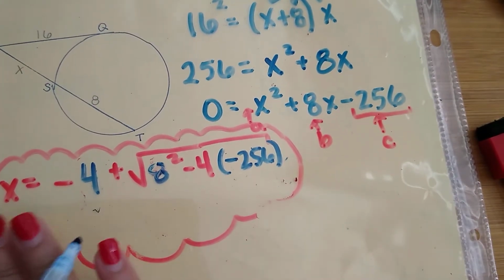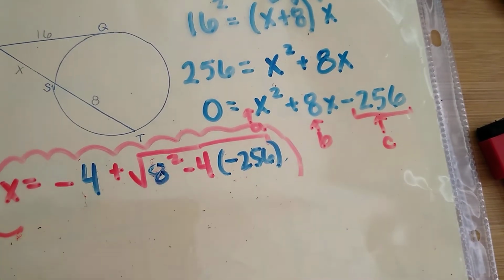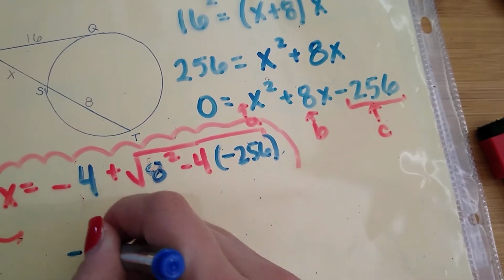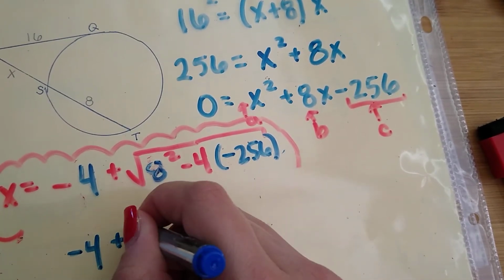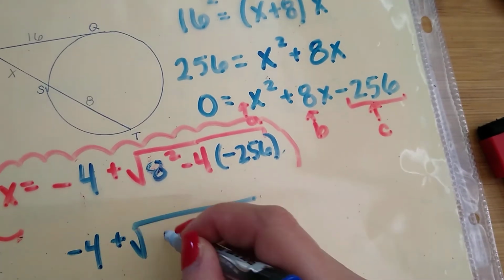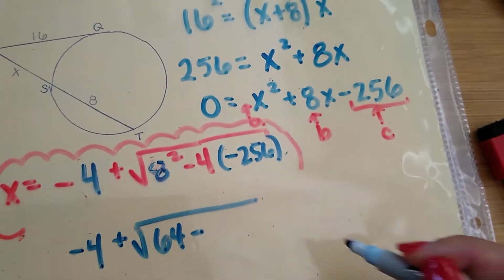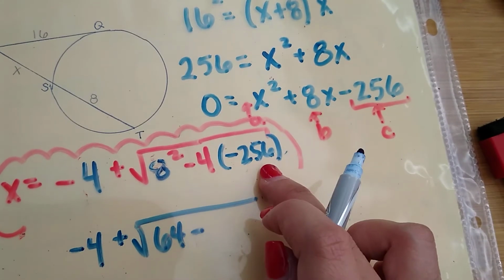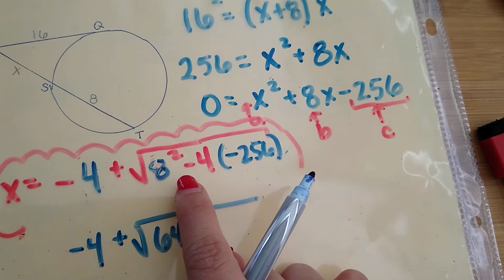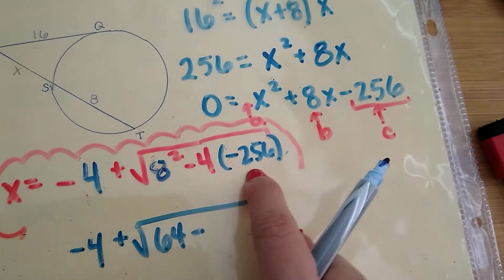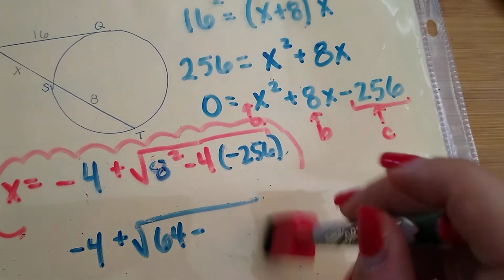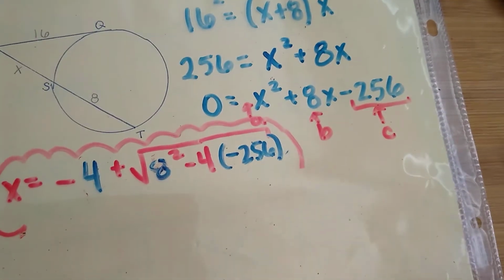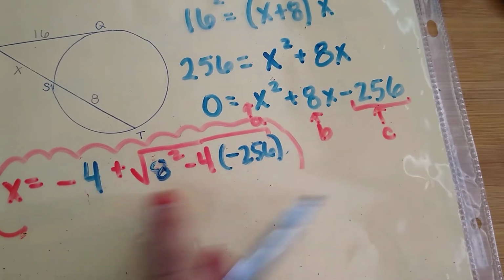Okay. So I'm going to simplify it a little bit more. So negative 4 plus the square root of 8 squared is 64 minus negative 4 times negative 256, when I plug that into my calculator. You know what, actually, I'm going to plug all of this into my calculator directly, and that way it does everything for me, right? I can just plug this in.